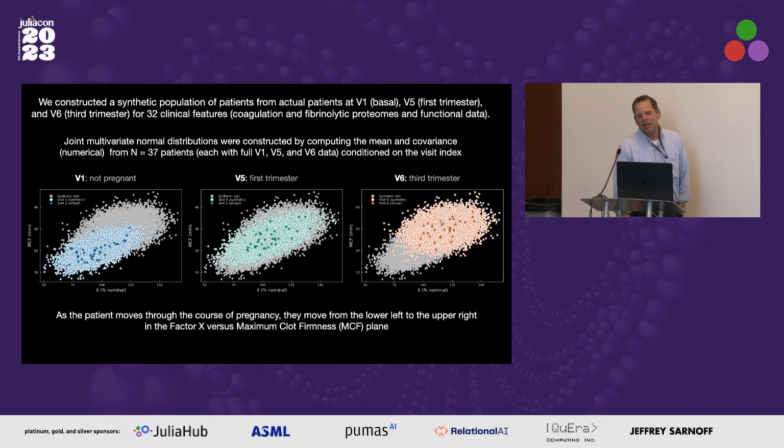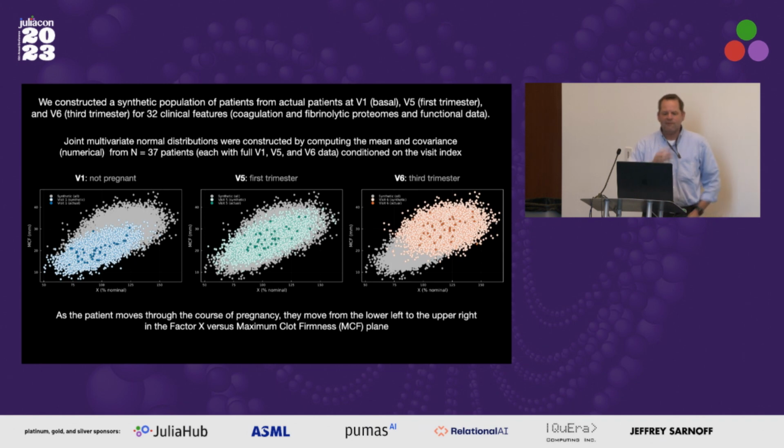So the first thing that we did is we just stepped back and looked at the data. Our data set is a population of 37 patients where we have longitudinal data going from before they were pregnant, first trimester, second trimester, third trimester, delivery, so literally right after they delivered, and then 6 months afterwards.